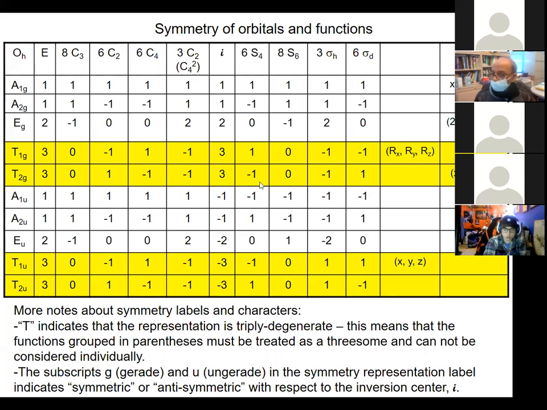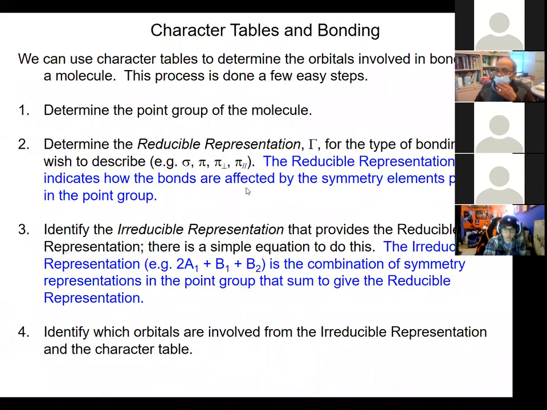All right. Now that we understand the language, we're going to come back to our chemistry and see how a character table can be used to describe the atomic orbitals in a molecule.